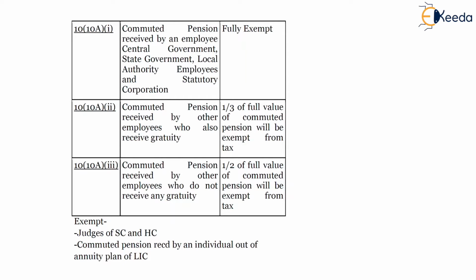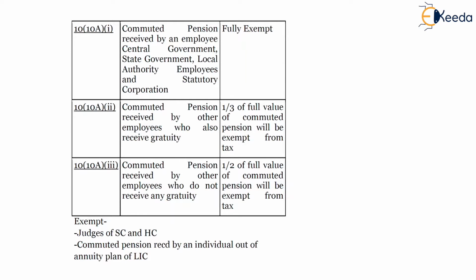Right, friends? Further, pension received by judges of High Court and judges of Supreme Court will be entirely exempt. Also, commuted pension received out of an annuity plan of LIC will be exempt.